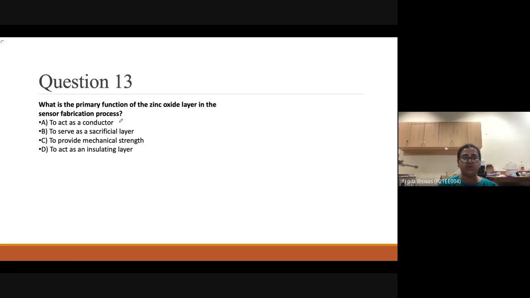So this is question number 13. What is the primary function of the zinc oxide layer in the sensor fabrication process? First, to act as a conductor. Second, to serve as a sacrificial layer. Third, to provide mechanical strength. Fourth, to act as an insulating layer.